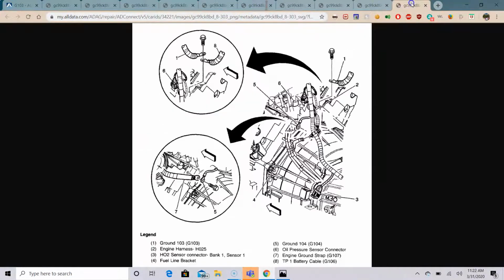It was over here. Here's the transmission, here's the engine. G103 is number 1, and number 1 is right here, somewhere up here. So I'm going to sit down and try to find it, and we'll see what happens. So that'll be the 2 things I cover in this next video.